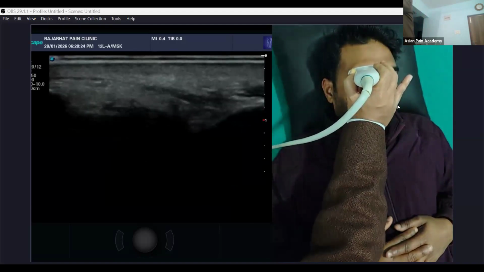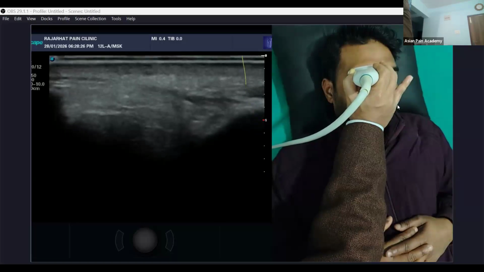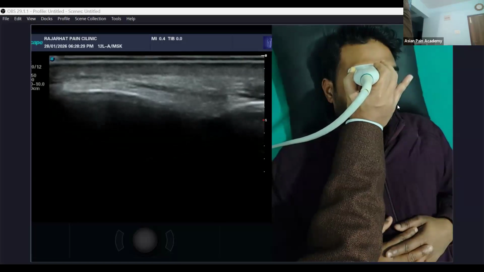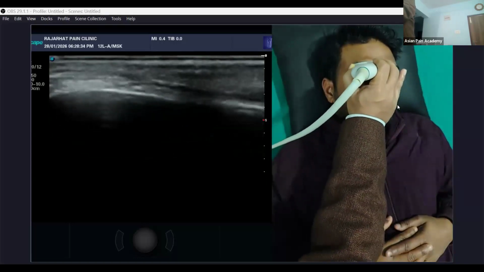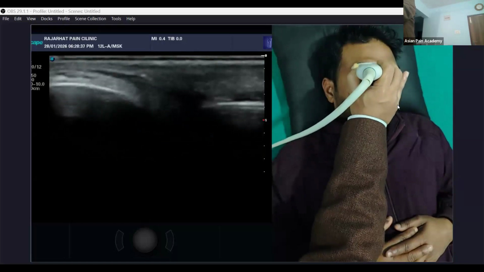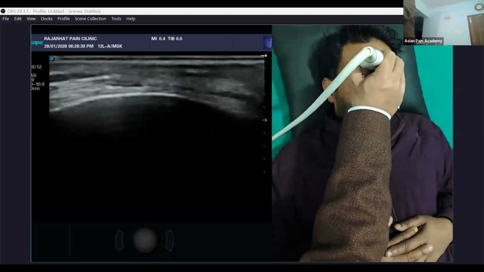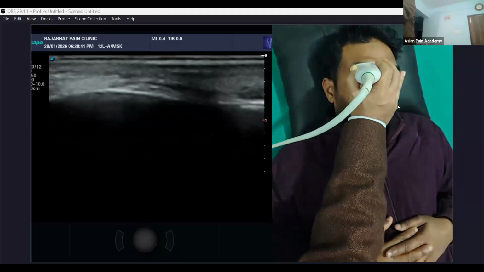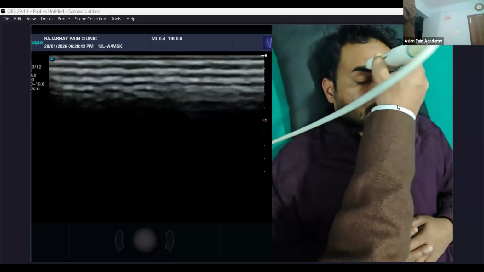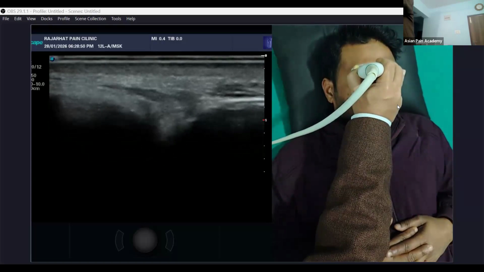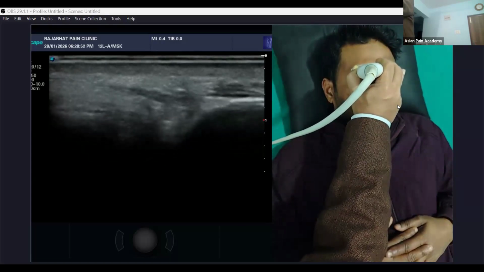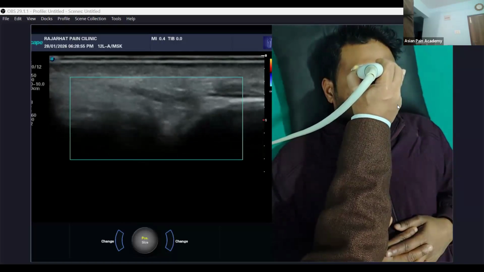Now I have to search for a vessel here. Hardly will you see the nerve here. We cannot see the nerve, it is so small, but we can see the vessel running with the nerve. If I give color, there is a vessel and this is the gap.